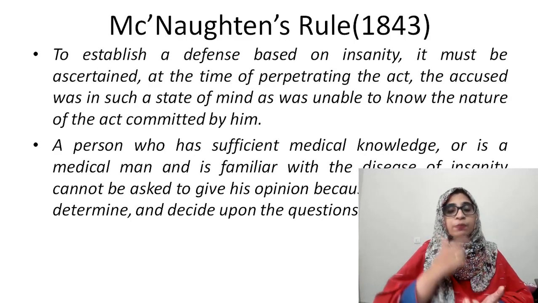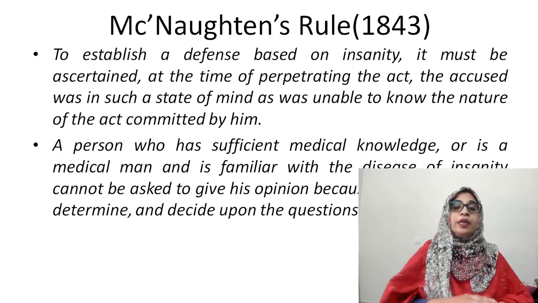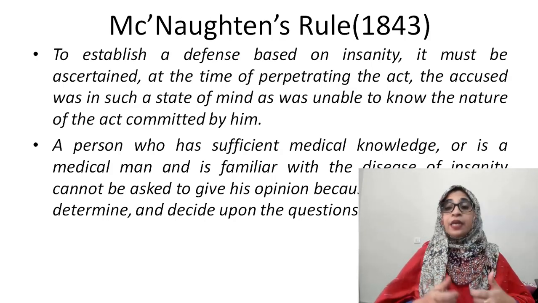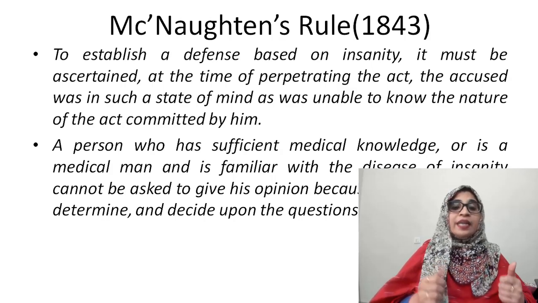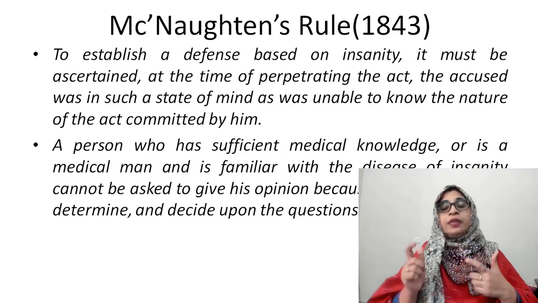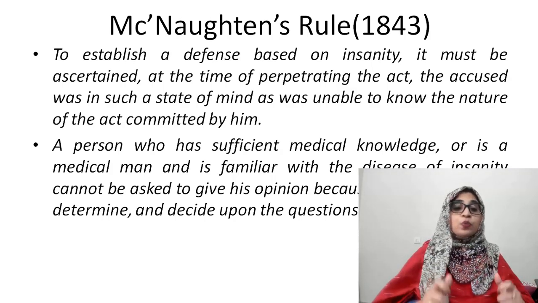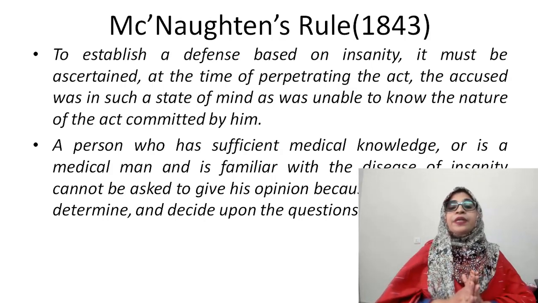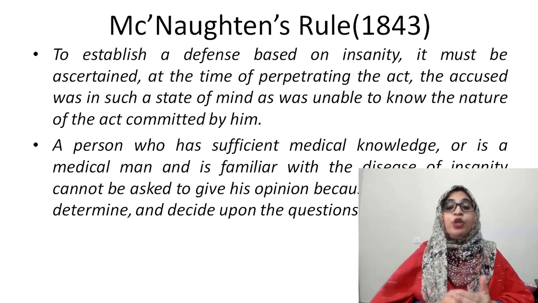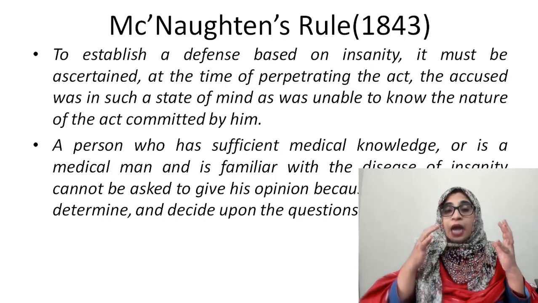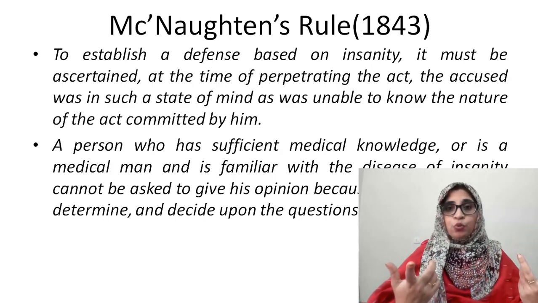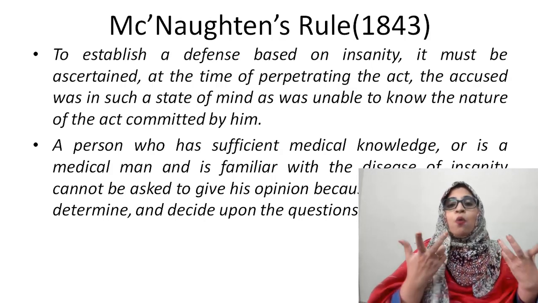Then another rule they framed in the McNaughton rules is that to establish a defense based on insanity, it must be ascertained that at the time of perpetrating the act, the accused was in such a state of mind as to be unable to know the nature of the act committed by him. So while doing that act, the accused was not in a state of mind to know what he was doing.